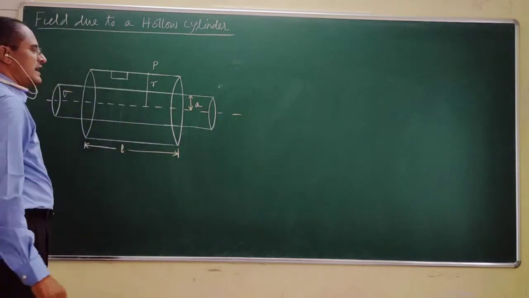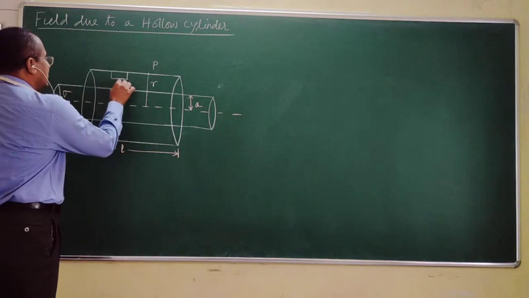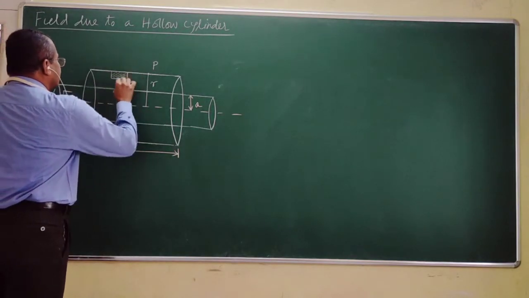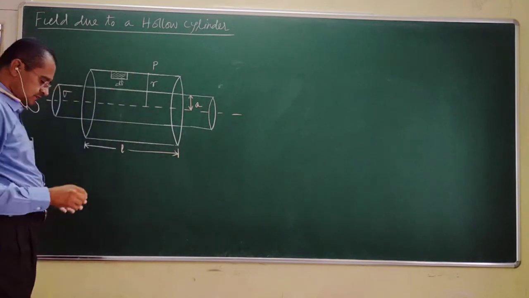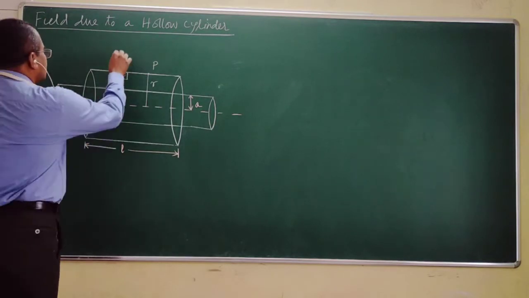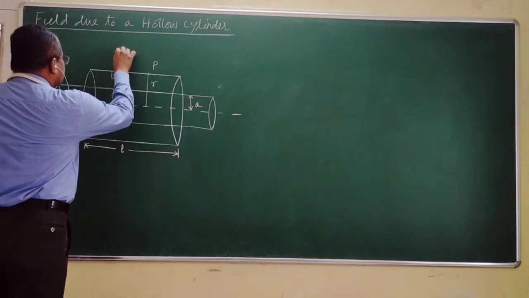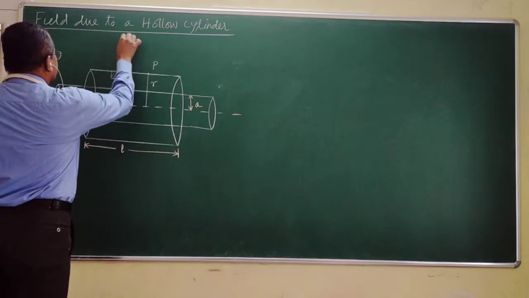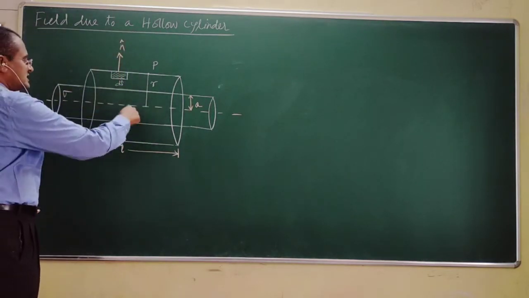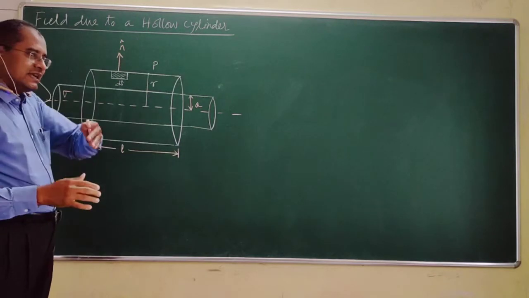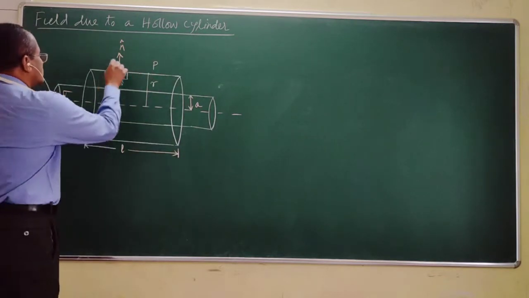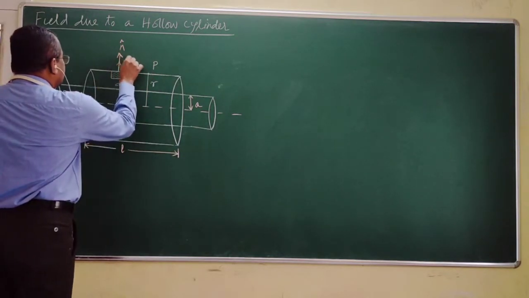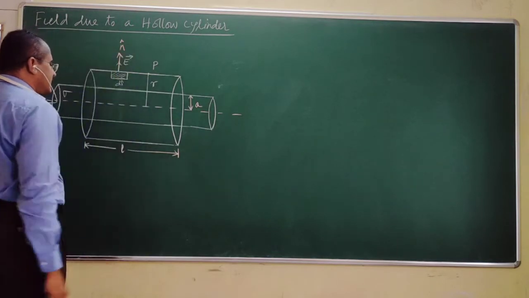Okay? A small area I have taken. Let the area of the surface be ds. As I told you already, you need to construct a unit vector, and because this is positively charged, electric field intensity will be pointing upwards. Then electric field intensity, I will put an E vector.